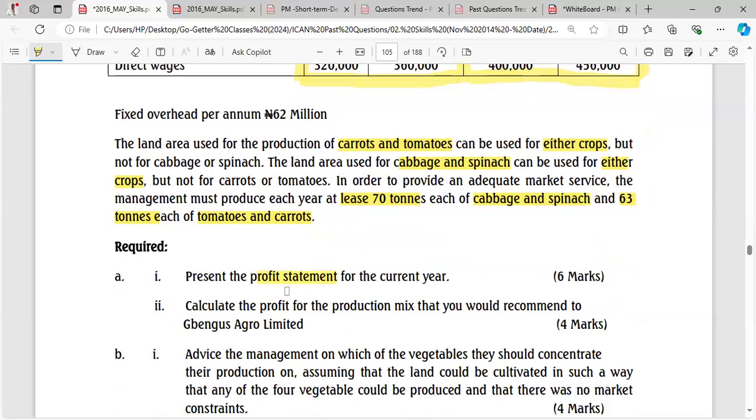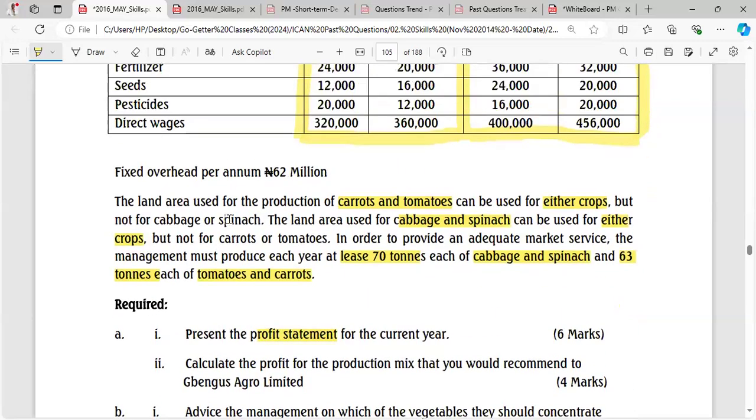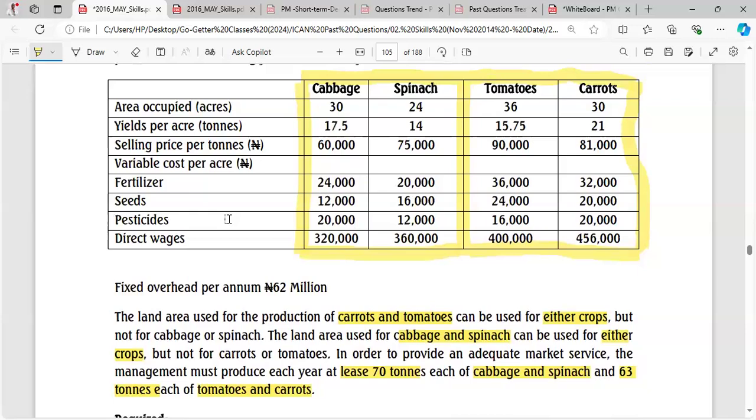We are now asked to prepare the profit statement. How do we prepare the profit statement? We are going to do it this way. We are going to look for the selling price or the sales revenue. We are going to look for the variable costs, and we will take away the variable cost from the sales revenue to get our contribution.